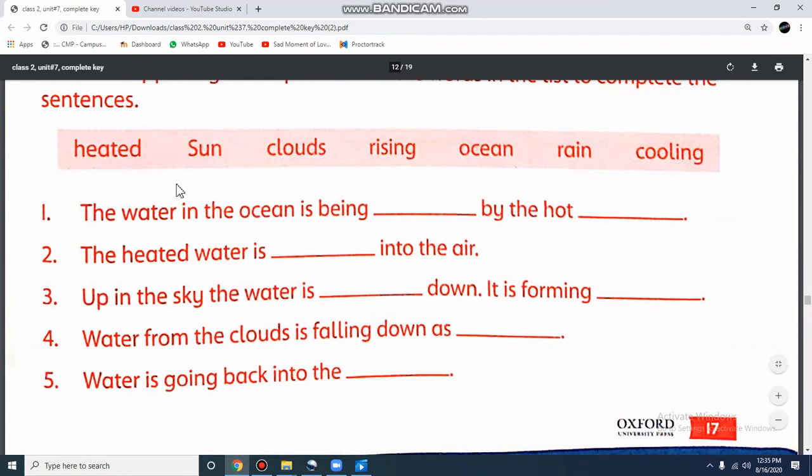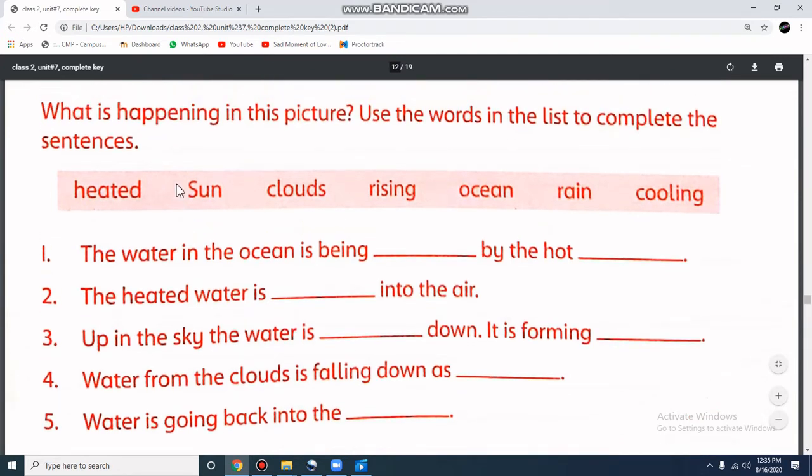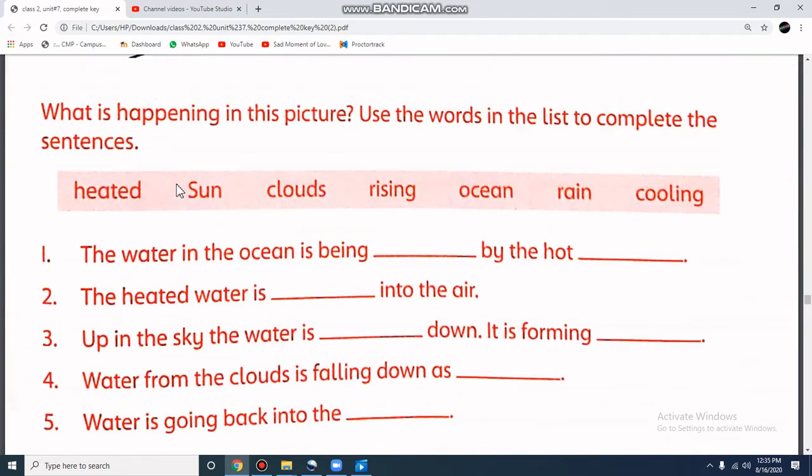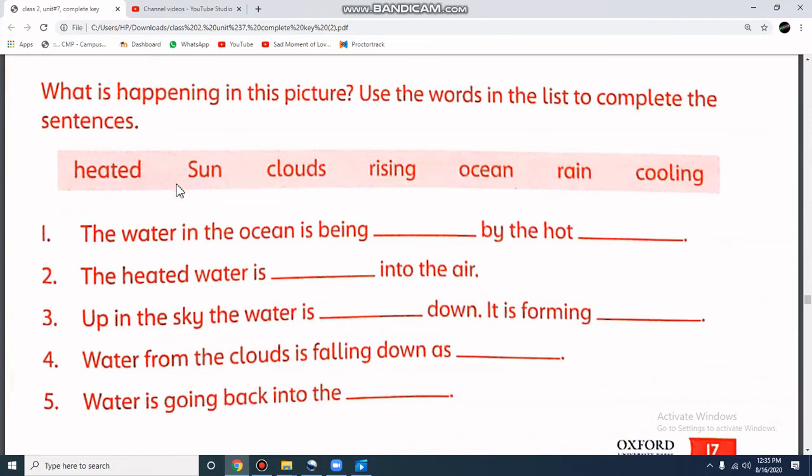So then next is, what is happening in this picture? Use the words in the list to complete the sentence. The words are heated, sun, clouds, rising, ocean, rain, and cooling. The water in the ocean is being heated by the hot sun. The heated water is rising into the air.